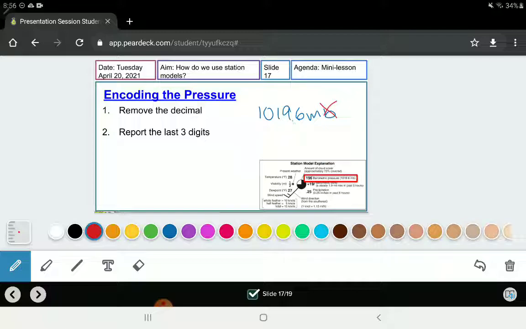You take out the decimal, and then you only report the last 3 digits. If that's your station model, you would only report those last 3 numbers, 196.